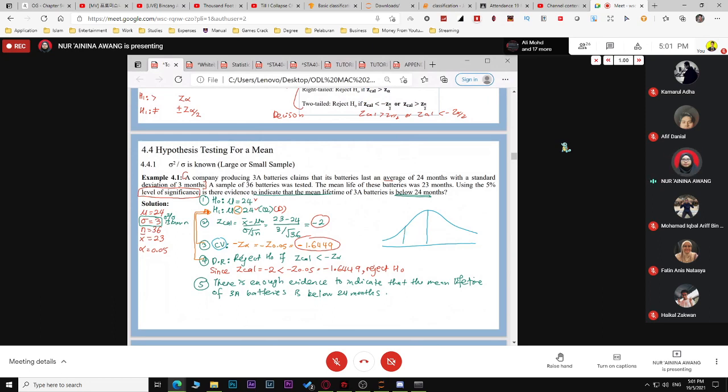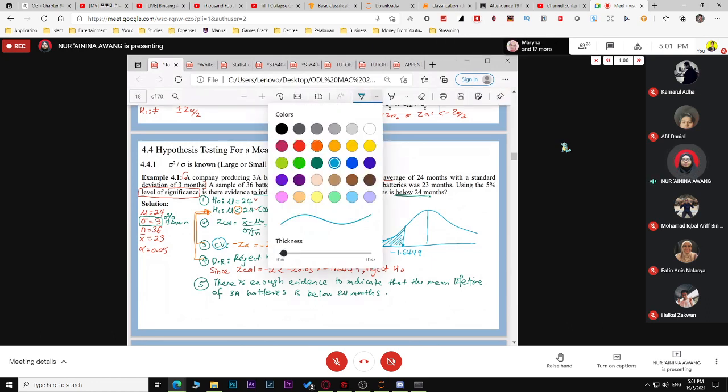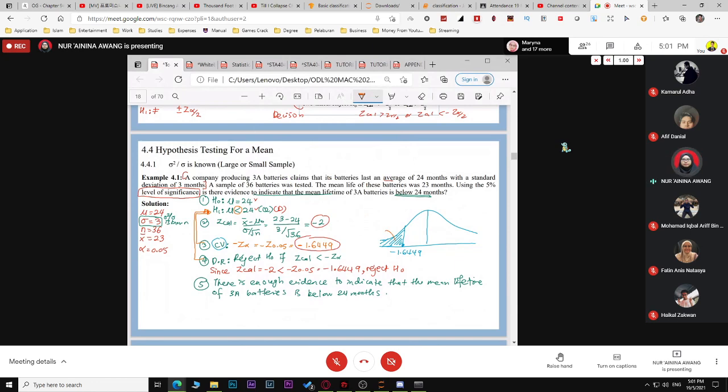So maksudnya your critical value ni kat sini lah, negative 1.6449. So to know which is the rejection and non-rejection region, so since the case is less than, so our rejection region dekat negatif lah. Okay, belah negatif. Okay, so if the value lies on this region, so kita akan reject H null. But if the value is in this region, so kita fail to reject our H null.